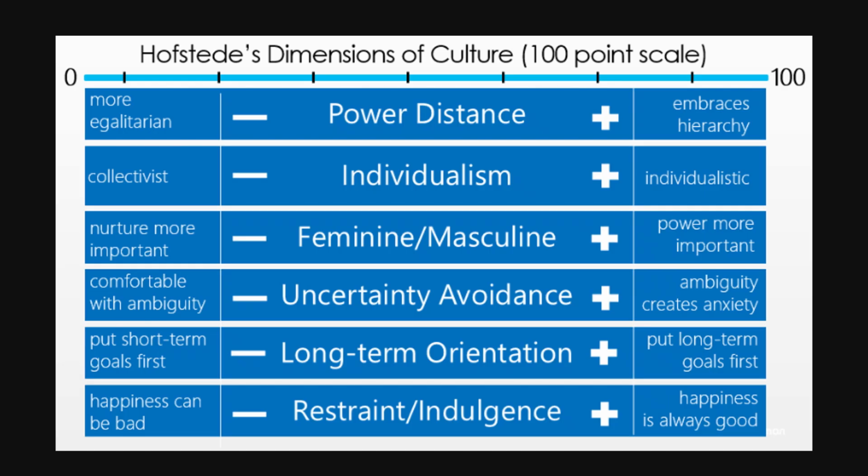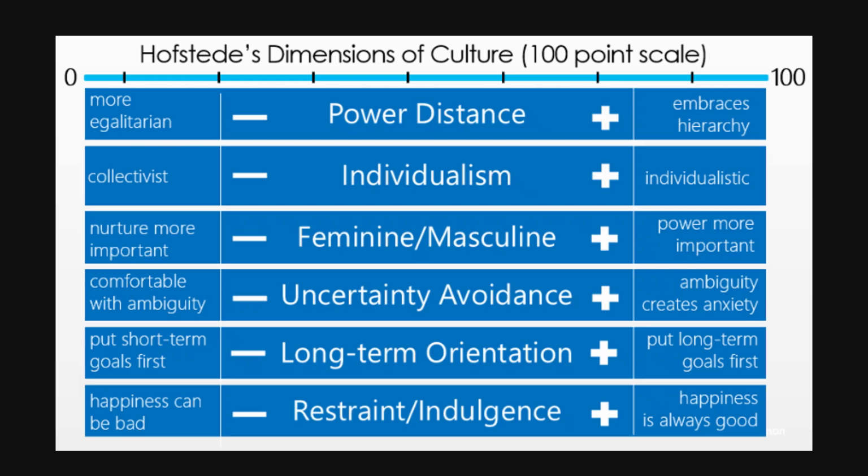And so you can look down at this list with power distance and individualism, with the feminine versus masculine, uncertainty avoidance, long-term orientation versus short-term, and then restraint versus indulgence. And countries could be placed at any point along these scales in order for people to quickly reference the culture.